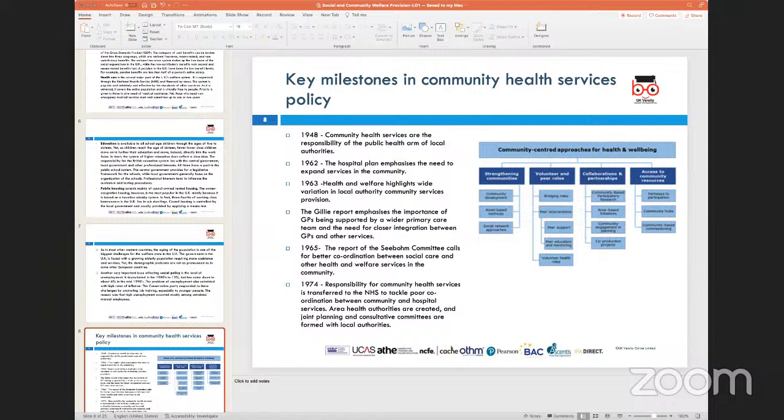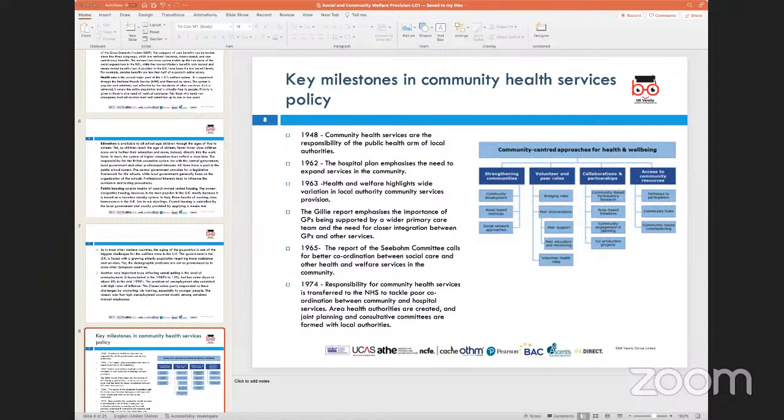And the CBOM Community report essentially talked about how there could be better coordination between the health and social care services being delivered to the members of public within the UK.